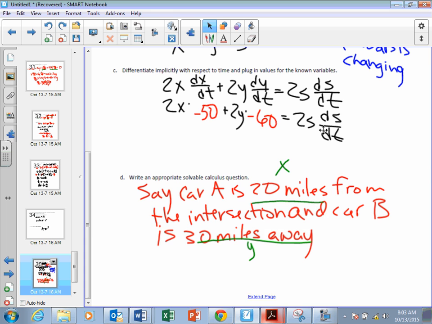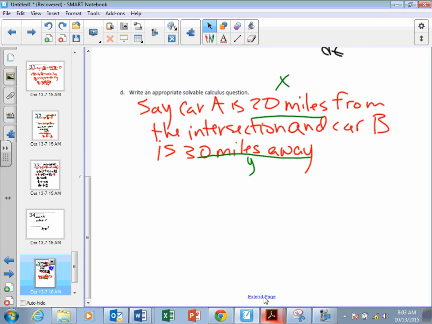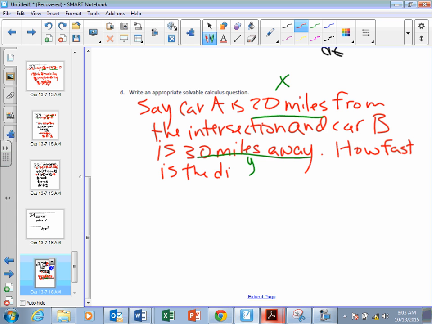So that leaves ds/dt as the only variable. So that's the one that we would ask our calculus student to solve for if we were writing this question. So how fast is the distance between the cars changing?